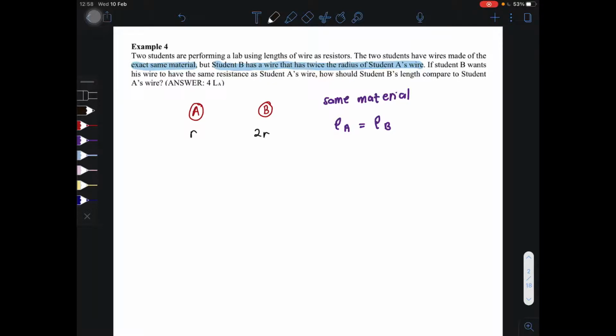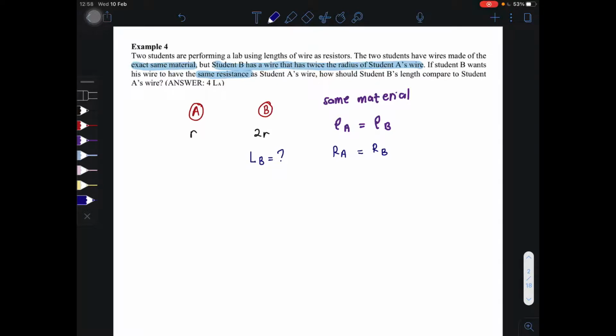And then it says if student B wants his wire to have the same resistance as student A, so what we want here is the same resistance, meaning resistance A must be equal to resistance B. Okay, how should student B's length compare to student A's wire? So it asks for the length of student B when we compare to student A, meaning we want the ratio here.